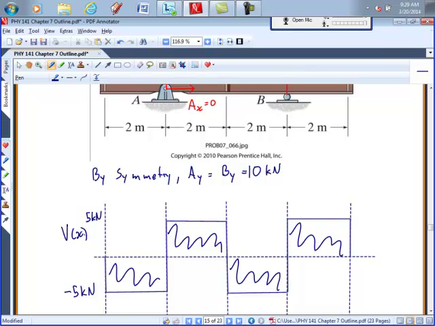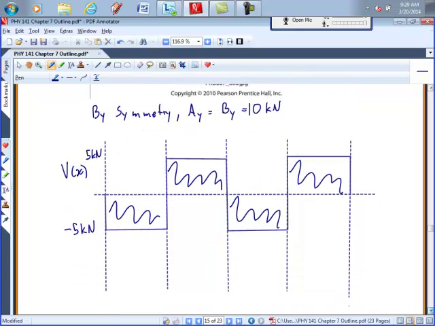What's the moment diagram going to look like? It's going to start at 0.